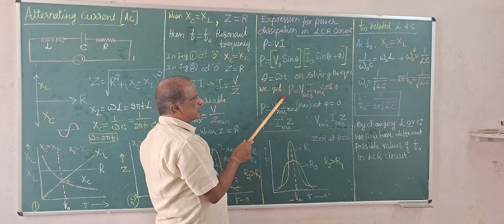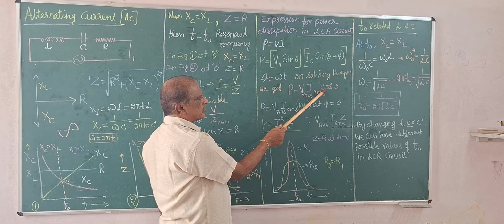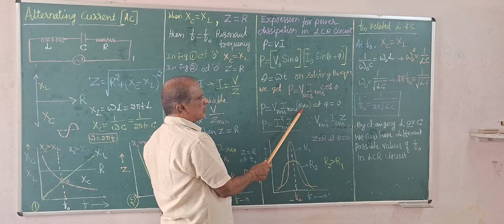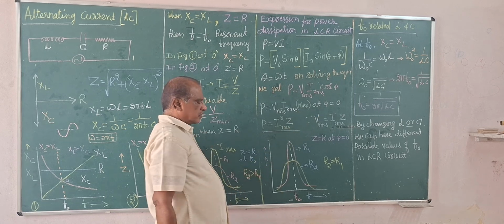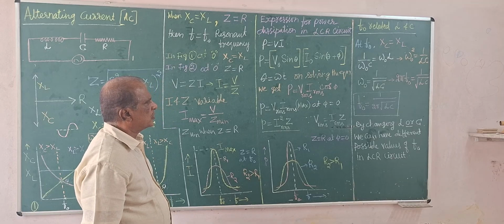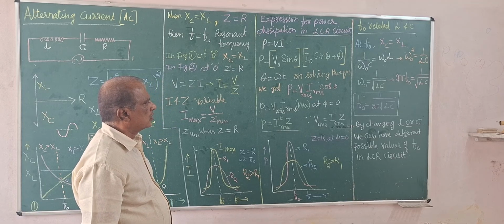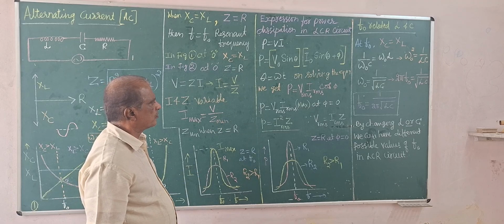Power dissipation is minimum when the phase difference between them is pi by 2, that is cos pi by 2. So let us talk about the maximum power dissipation at phi equals 0, that is, phase difference is 0 between current and voltage.